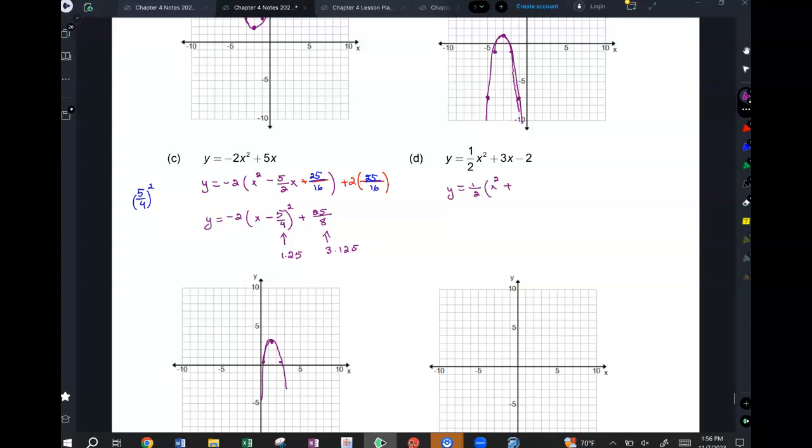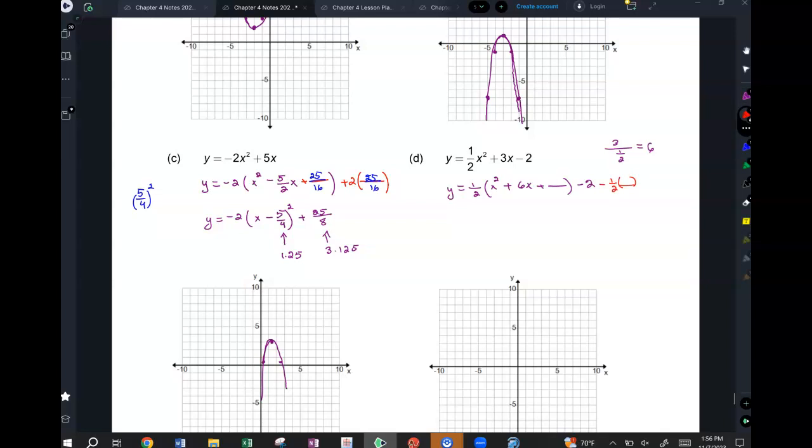So when I factor out 1/2, it's like I'm doing 3 divided by 1/2, which is how much? 6. Right? So this will be 6x plus a number minus 2 minus half of a number.